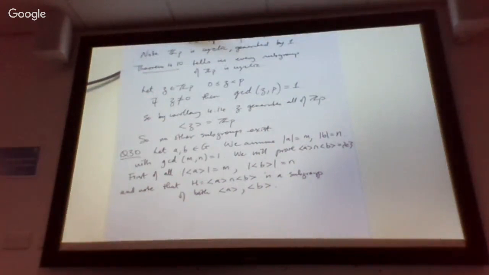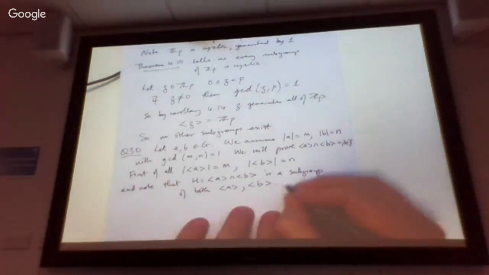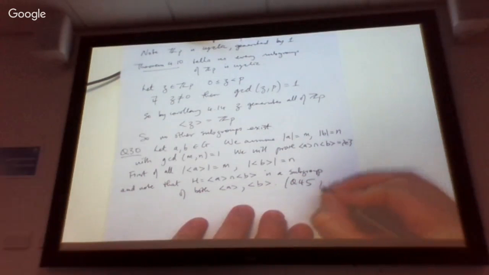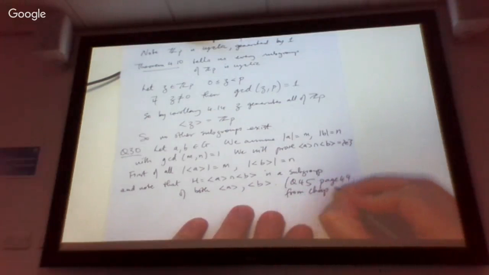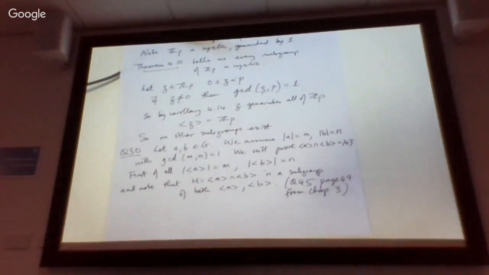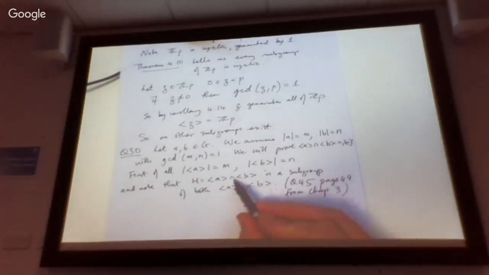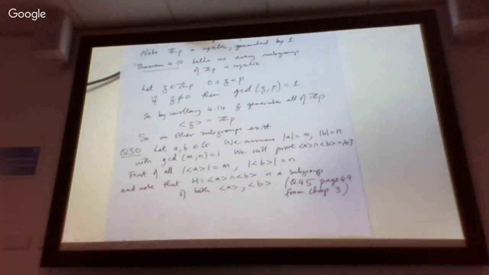Well, if z is non-zero, because we've already dealt with the subgroup consisting of just the identity element, then the GCD of z and p will be 1, of course, because p is a prime number. So by that other corollary, which is 4.14, z generates all of Z_P.